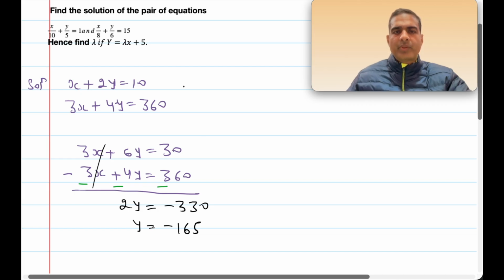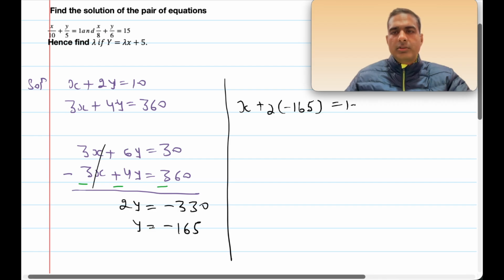So the value of y came out to be minus 165. Now we have to find out the value of x. We can substitute this value y is equal to minus 165 in any one of these equations. So let's substitute it in the first equation. So it will become x plus 2y, so y is minus 165, is equal to 10.